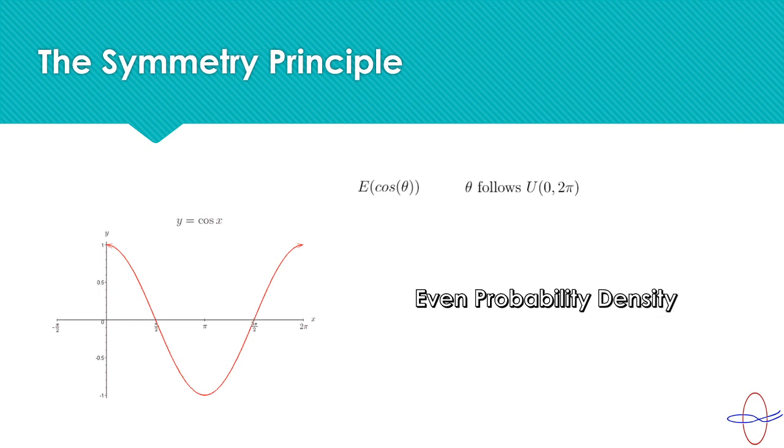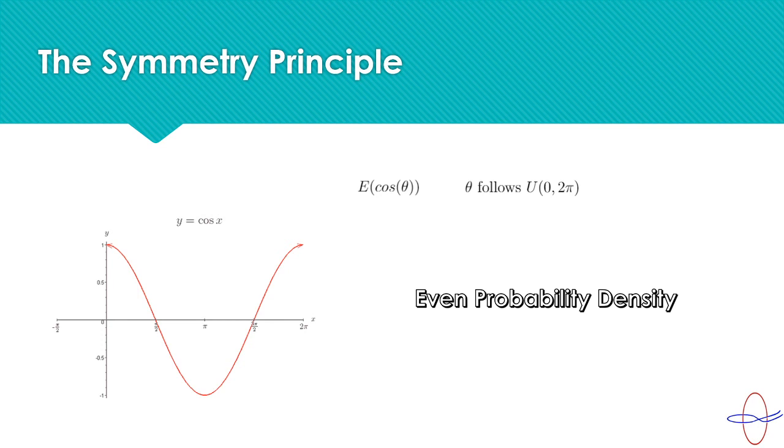Just due to the symmetry of the cosine function and the sine function. And if a function is symmetric and has an even probability density, you can prove that the expectation is 0, because under the integration sign it will essentially be an odd function.